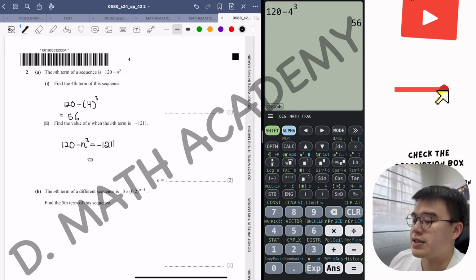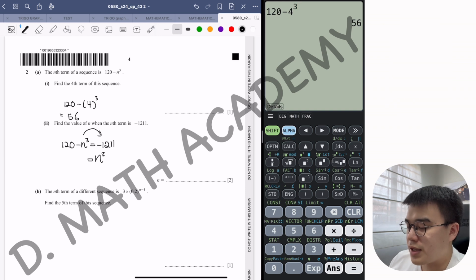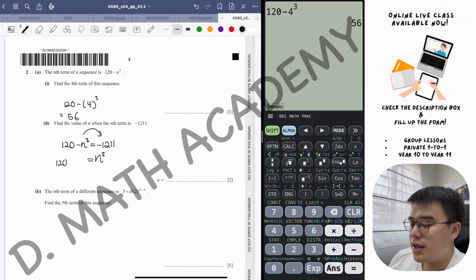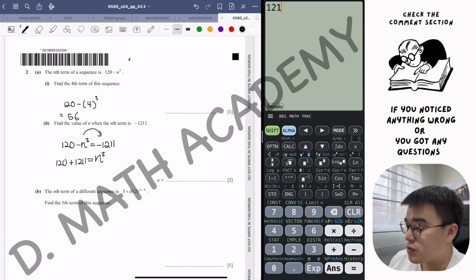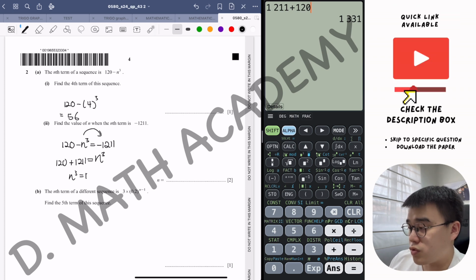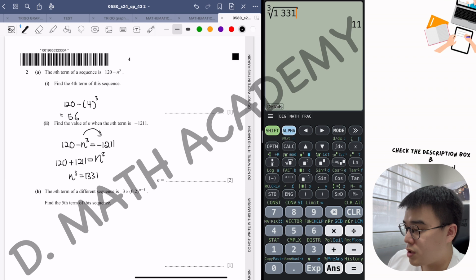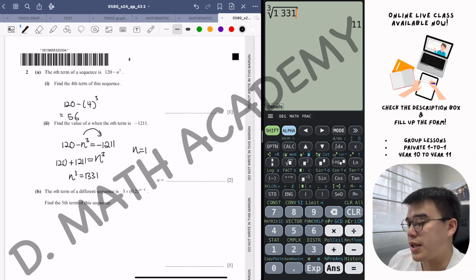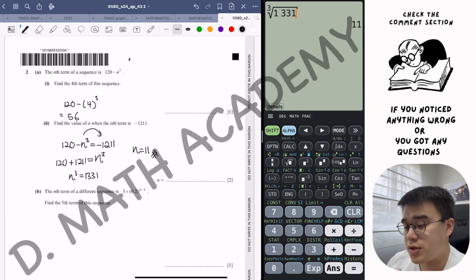Because the n term is negative currently, I will shift it to the other side, and the 1211 will be shifted to the front, returning it to positive. So 1211 plus 120 makes n cubed equal to 1331. Taking the cube root of 1331, you will get the result as 11. So that's it for question 2A.